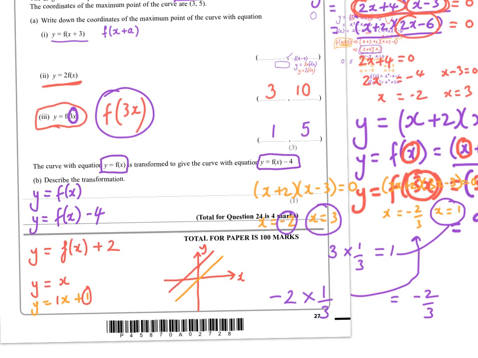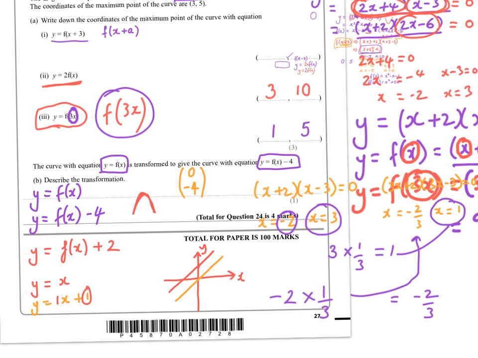So in this case, whether you've got a straight line or a quadratic, all that's happening is that all the points are moving downwards by 4, and the best way of saying that is to say that the x coordinates stay exactly the same and the y coordinates all go down by 4.